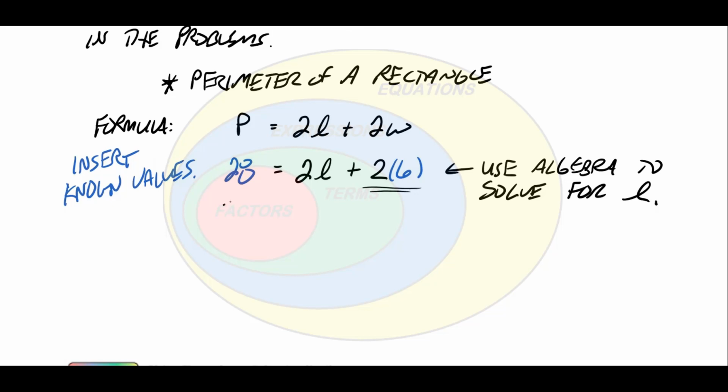So I'm going to start out 28 equals 2L plus 12. And you notice that was the first calculation that we did before, take 2 times 6 and get 12. Well, when we simplify this expression on the right side, we get that 12.